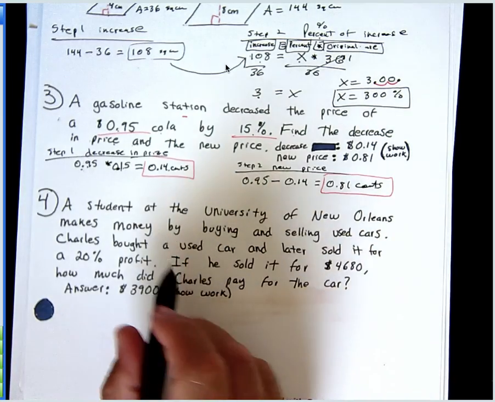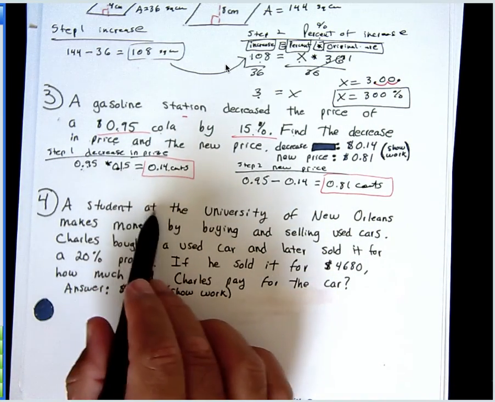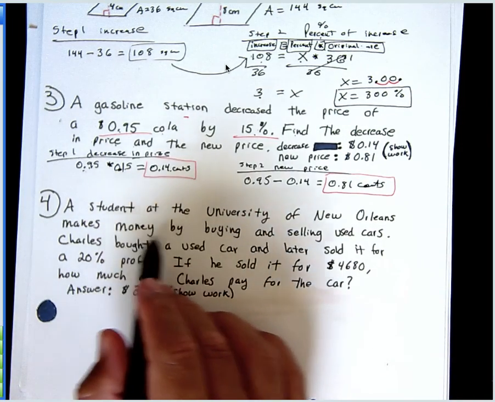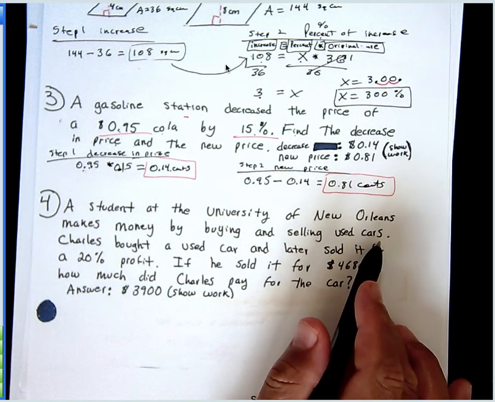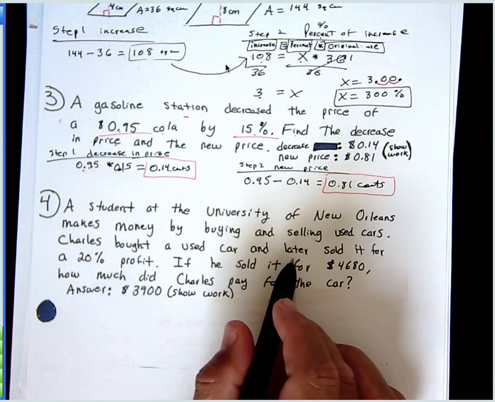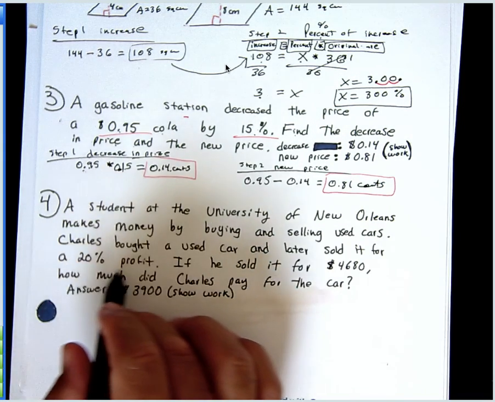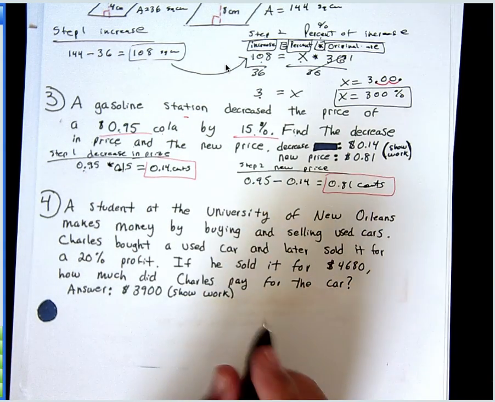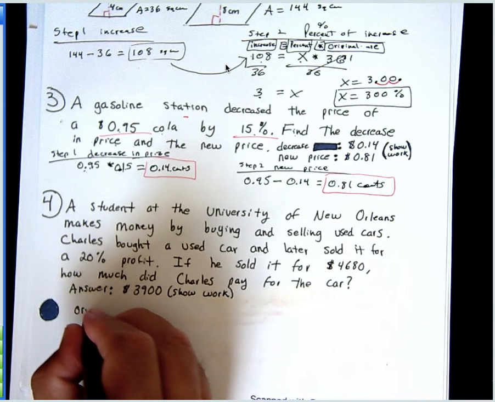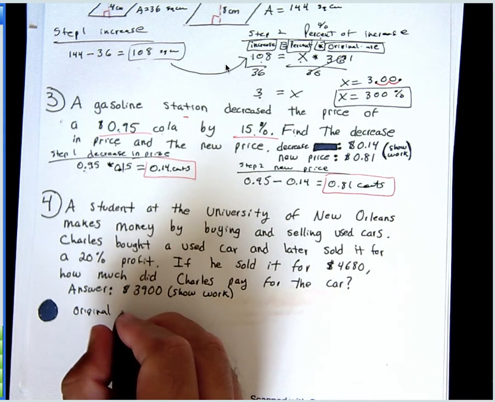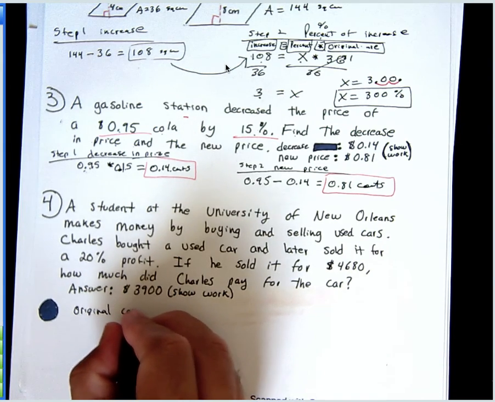Okay, the last one for this one's a student at the University of New Orleans makes money by buying and selling used cars. Charles bought a used car and later sold it for 20% profit. So this is the original cost or price, original cost of the car.